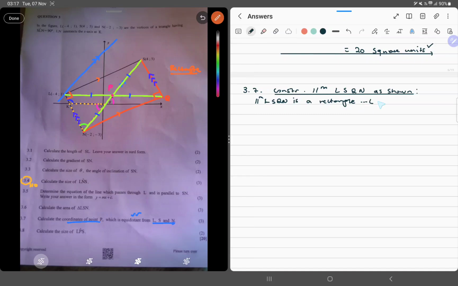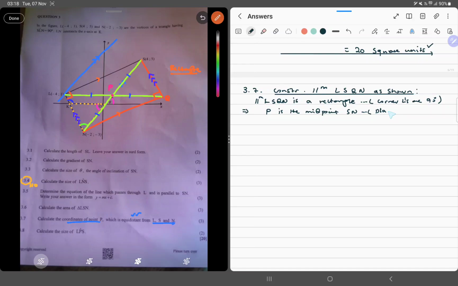Because the corner angles are 90 degrees. Okay, that's number one. That implies that point P is the midpoint of SN. Okay, great.